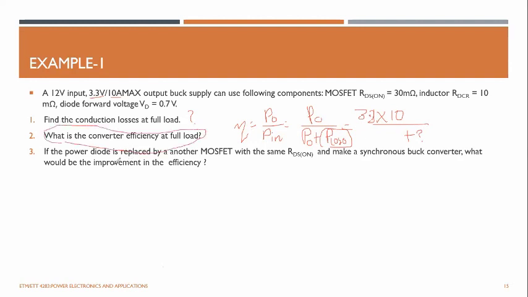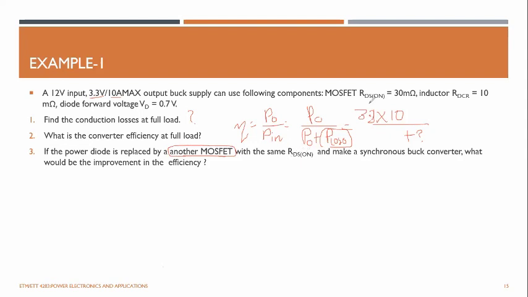Very simple. So now they are asking what is the converter efficiency if the power diode is replaced by another MOSFET, which means someone wants to change this asynchronous buck converter to a synchronous buck converter by changing this power diode to another MOSFET to improve the efficiency.